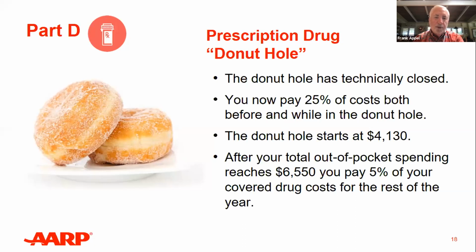What is relevant is that after your personal out-of-pocket spending reaches $6,550 in a year, you only pay 5% of your covered costs for the rest of the year. So there is a catastrophic protection for people who have very high drug costs that limits their drug costs after they have spent $6,550.